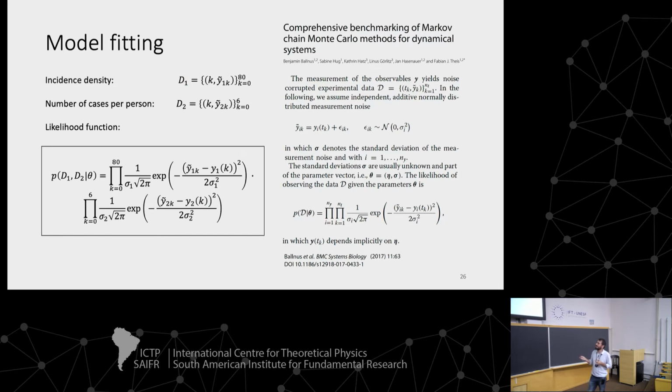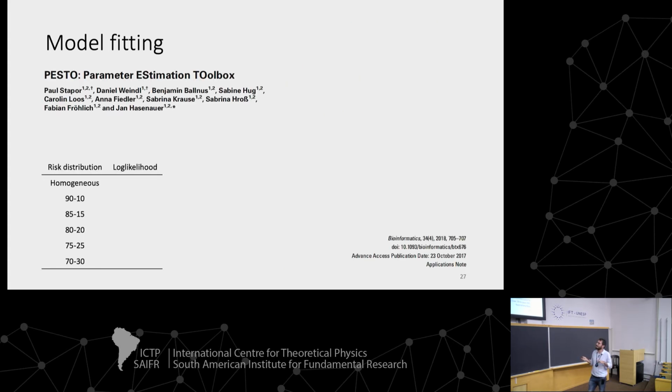But here we have 2 different data sets. We consider both likelihoods, and by minimizing, we started with 30 optimizations for each risk distribution.